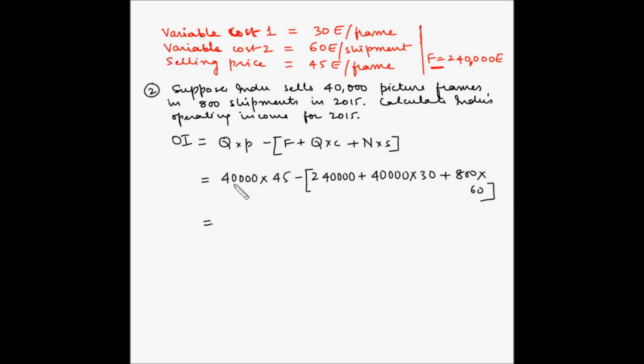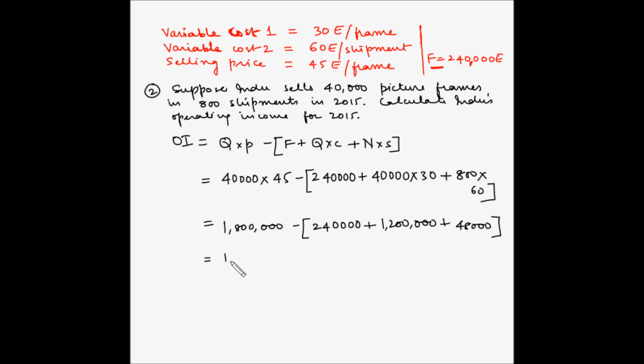So this is equal to 40,000 multiplied by 45, which is 1.8 million, minus 240,000, plus 40,000 multiplied by 30, which is 1.2 million, plus 800 multiplied by 60, which is 48,000.